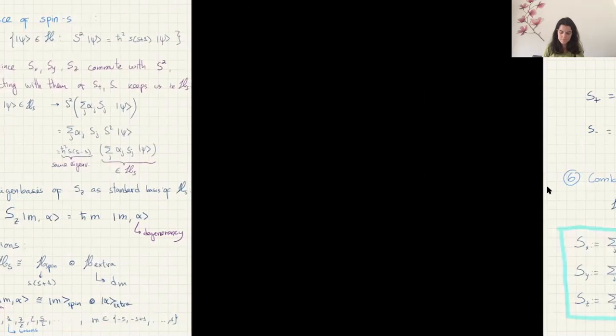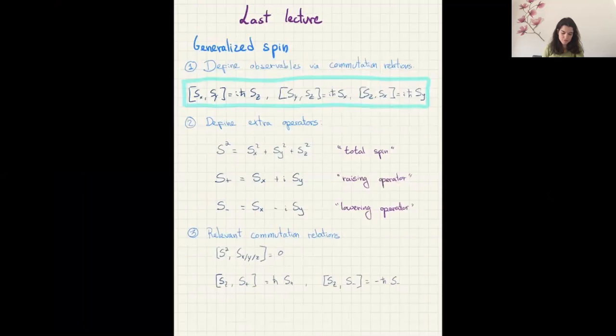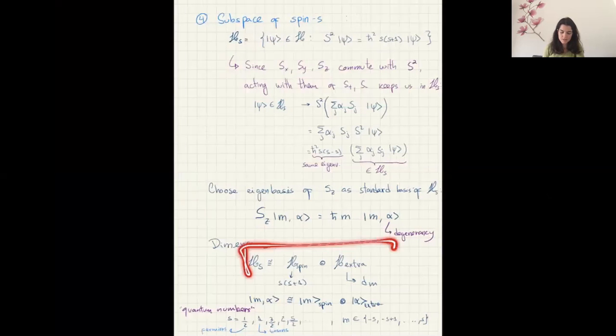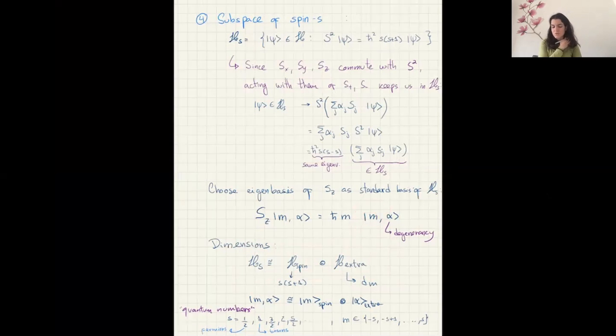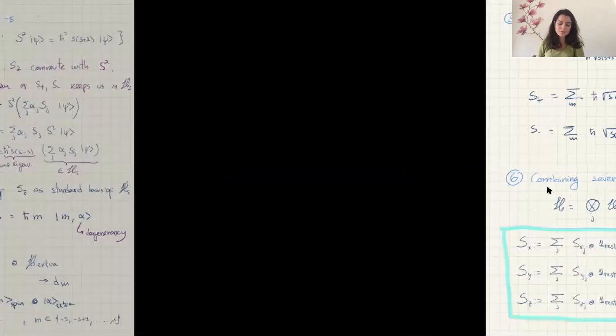Yeah, it's here. So we saw that each of these subspaces for S should have just a spin, and then the extra should be the same. But now we have 2 for the same M and only 1 for each of the other 2. So how do we solve this?